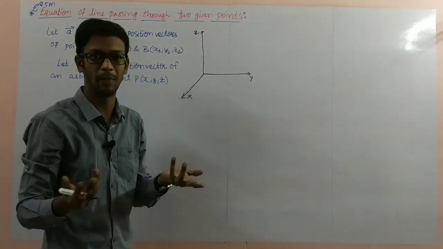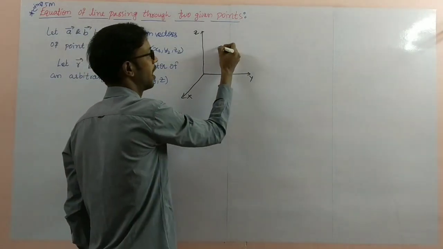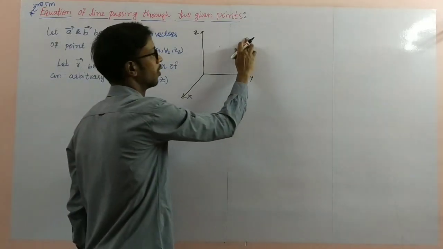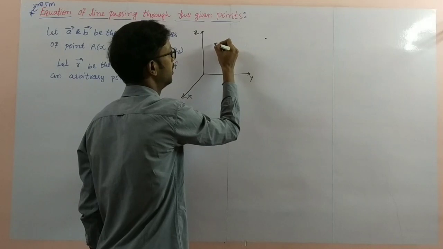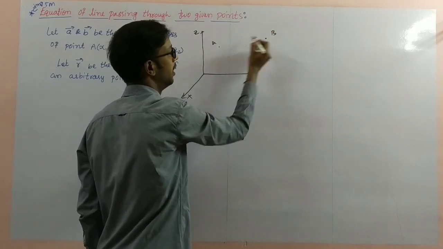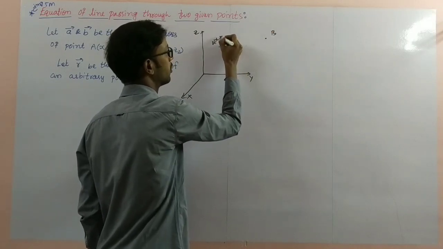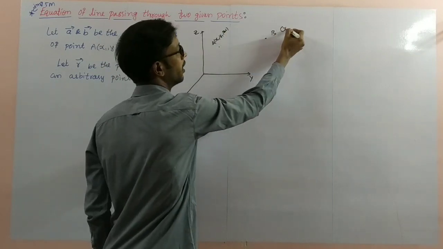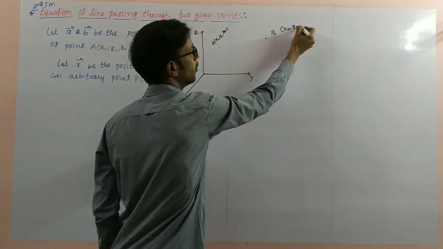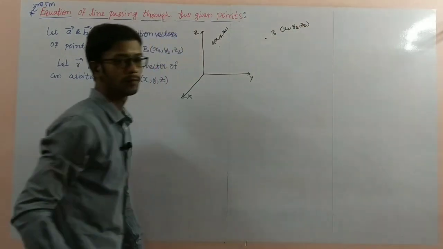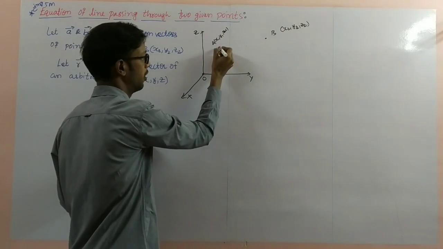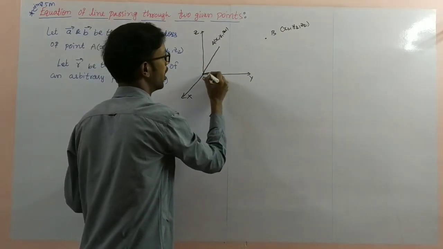We can't imagine directly, so for that purpose we'll draw these two points, A and B. A point is x1, y1, z1. B point is x2, y2, z2. This point is O. Join OA and join OB.